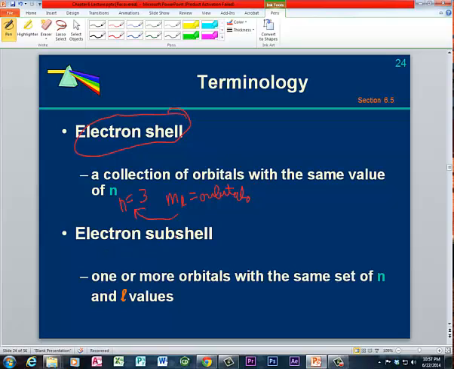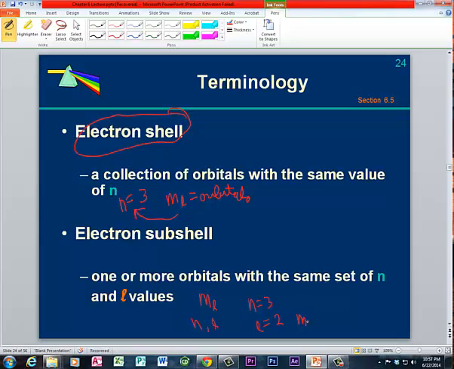Now, an electron subshell is a little bit more specific. You have a collection of orbitals, and remember, orbitals are m sub l values, and all those m sub l values will have the same value of n and the same value of l. So for instance, let's say we have an n value of 3, and an l value within that n value of 3 that's equal to 2.